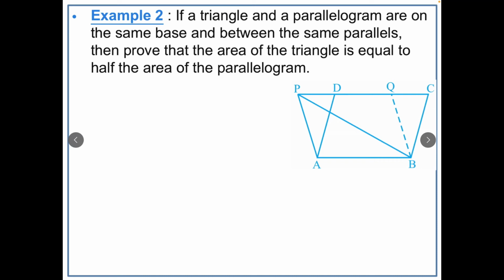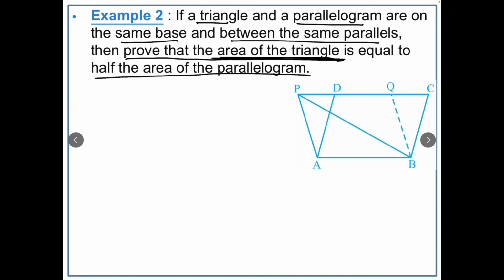The question is: if a triangle and a parallelogram are on the same base and between the same parallels, then prove that the area of the triangle is equal to half the area of the parallelogram.